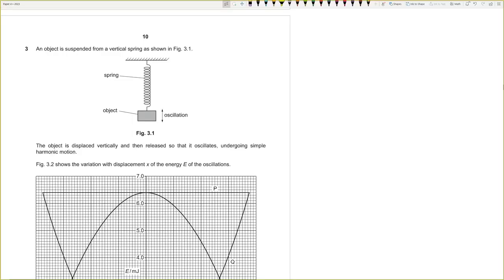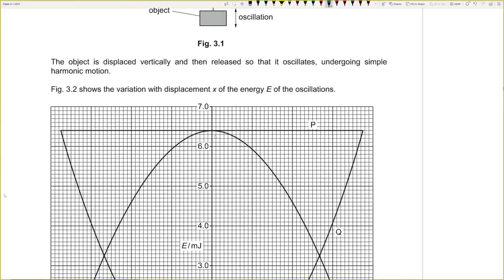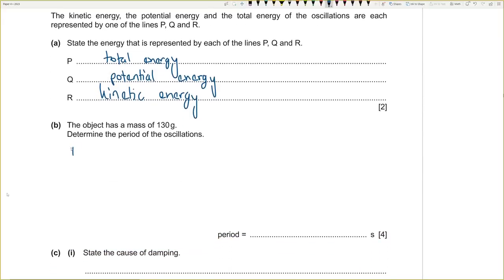Let's do this. So we can use the help of energy. We know that the total energy is actually 6.4 millijoules. So the formula for energy is half m omega square x naught square.